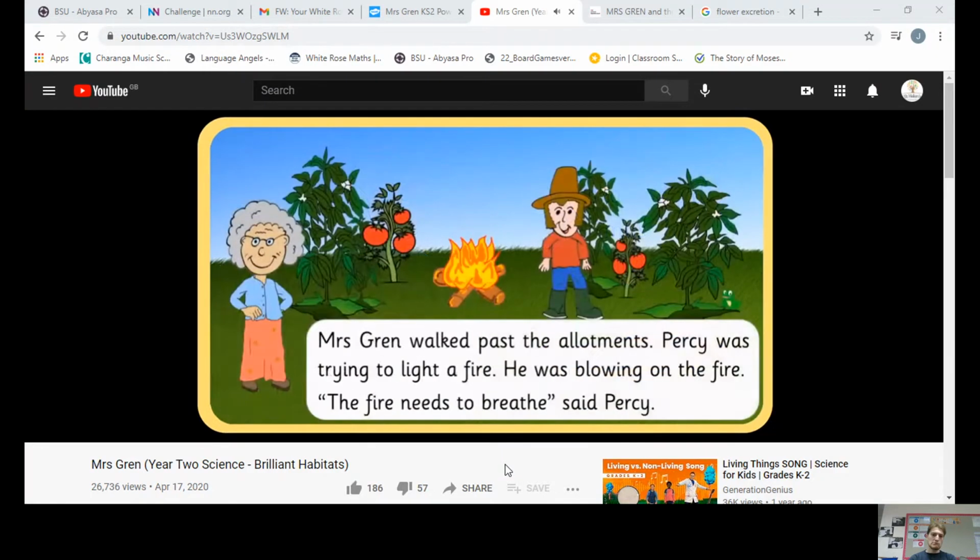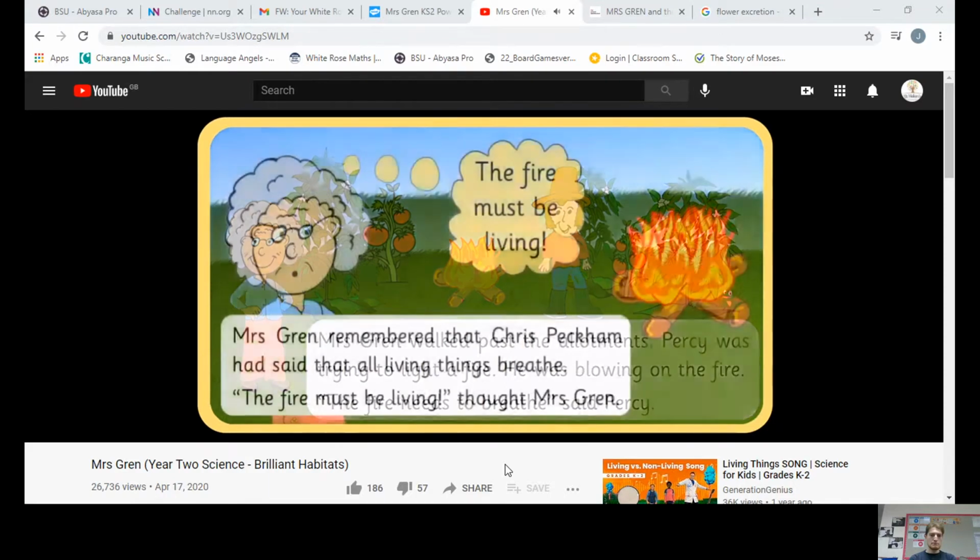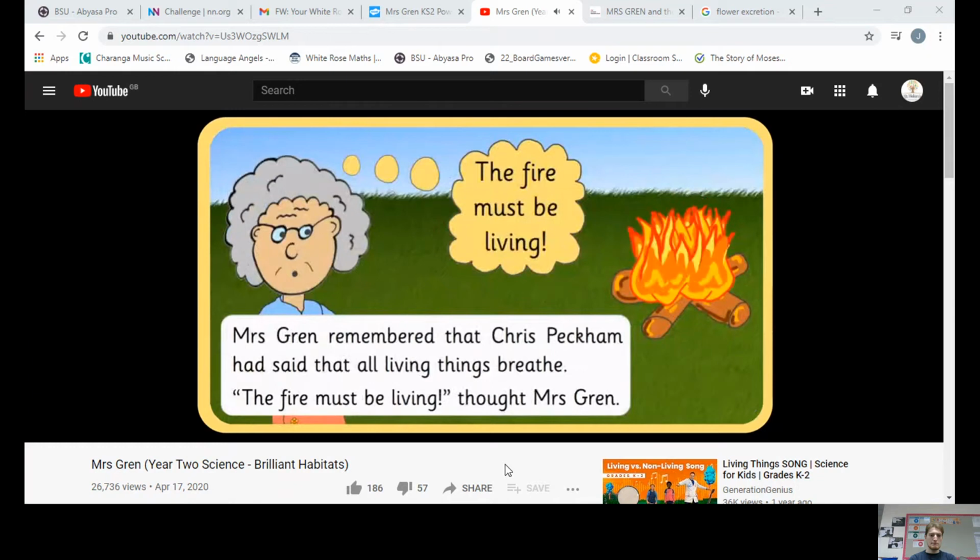Mrs. Gren walked past the allotments. Percy was trying to light a fire. He was blowing on the fire. The fire needs to breathe, said Percy. Mrs. Gren remembered that Chris Peckham said that all living things breathe. The fire must be living, thought Mrs. Gren.